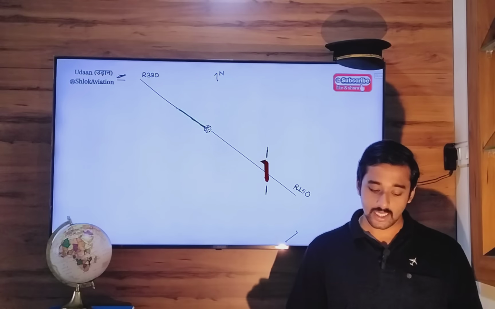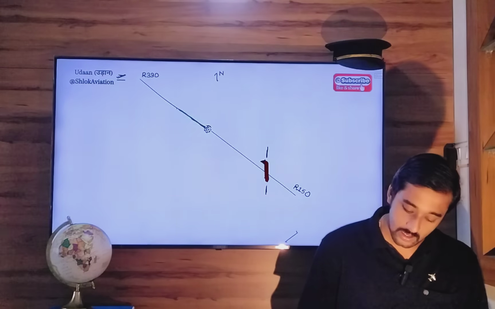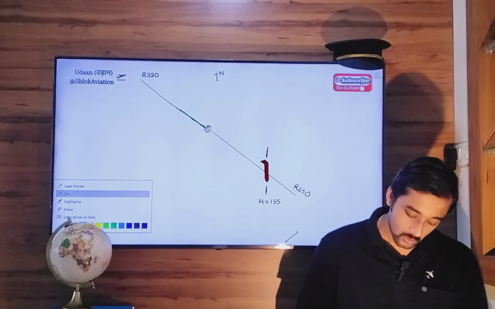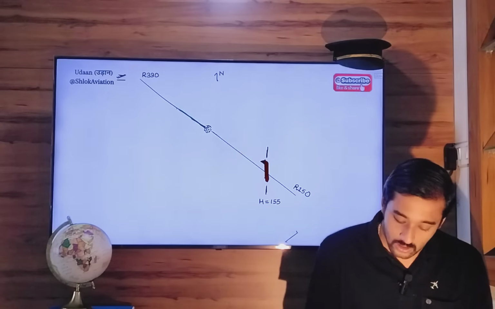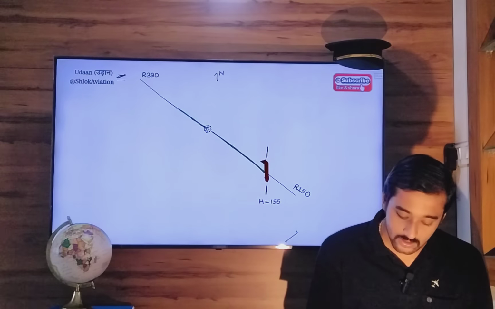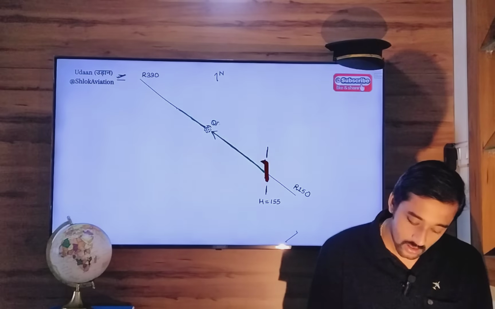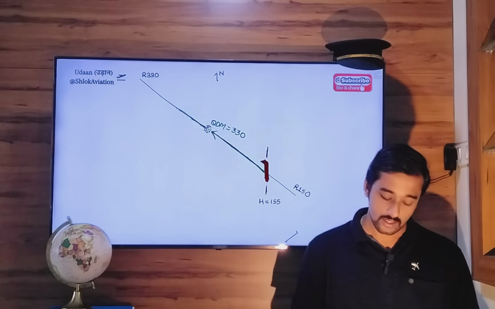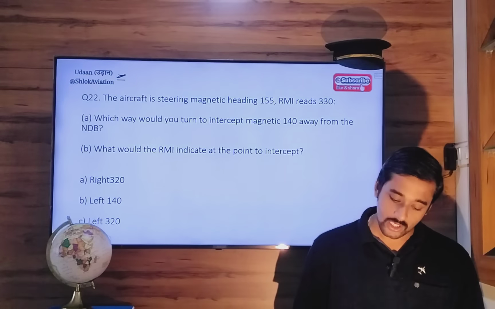Correct? That means aircraft is on track 150, heading 155, and QDM or track towards the station is, as given in the question, 330.